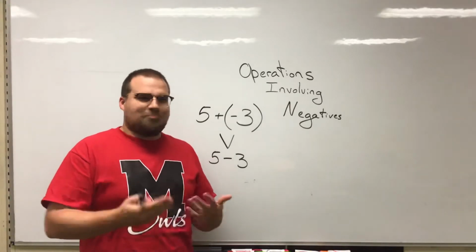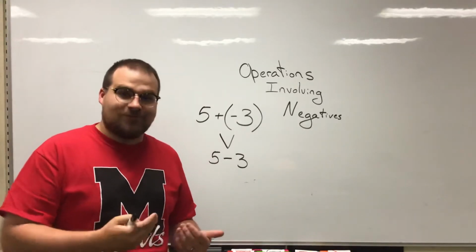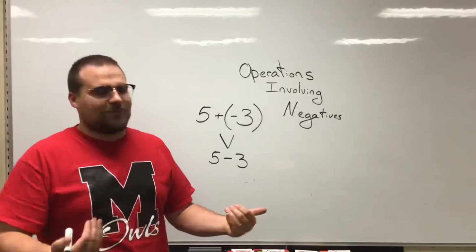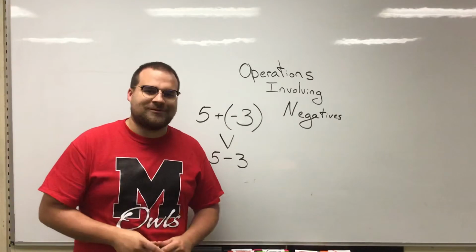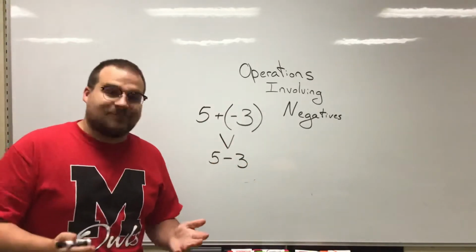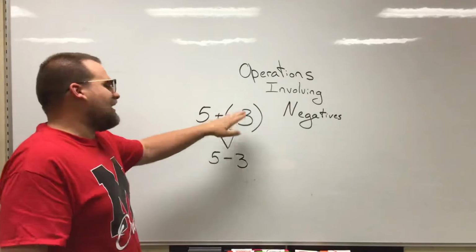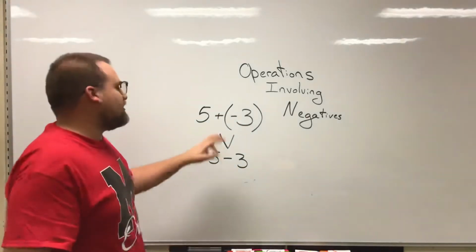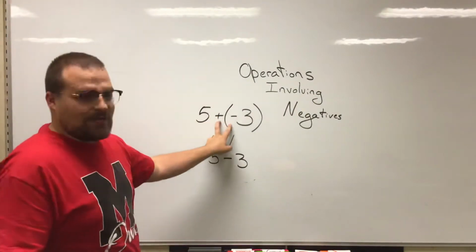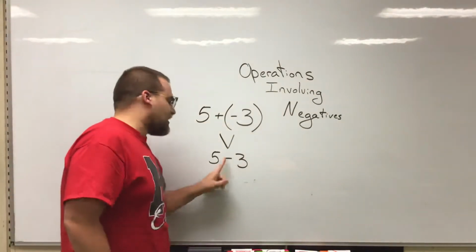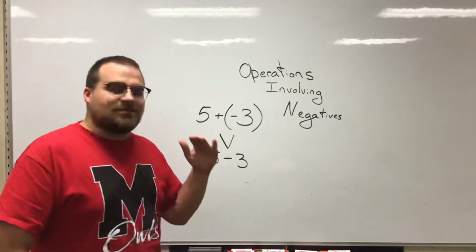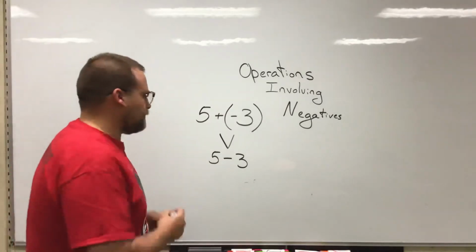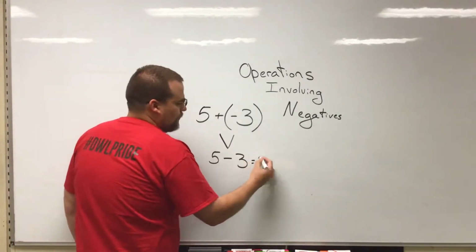Well, was it really giving me something if it costs something every month, right? It almost feels like we're actually subtracting from my total wealth as a high school student. But that's the idea, right? That adding a negative actually means we're going to subtract. And again, the idea is that if we have two different signs right next to each other, then ultimately the sign that you are going to want to use is the minus sign or a negative sign, however you want to think about it. So here we would just get 2.